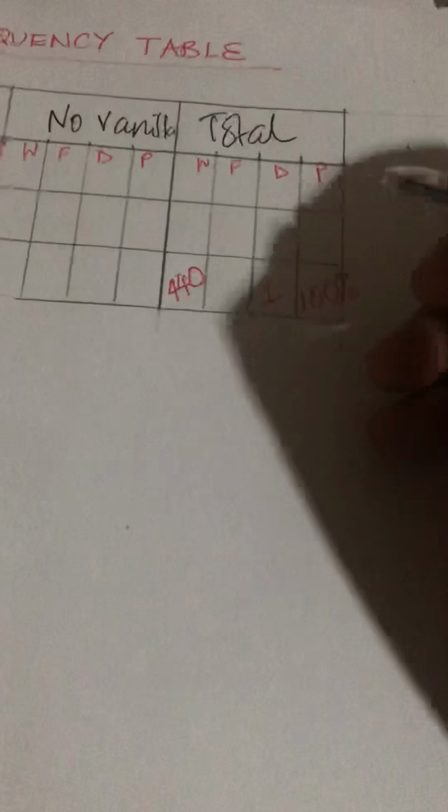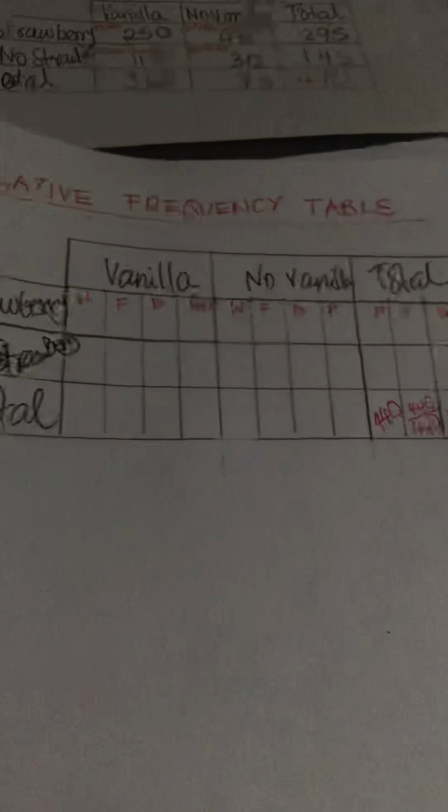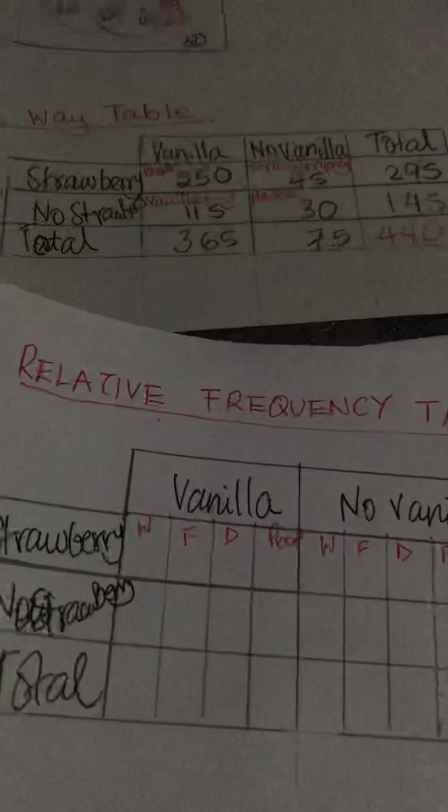We know that the whole number is 440, because I surveyed 440 students. My fraction will be 440 out of 440. Okay? Alright, we come here from my table.